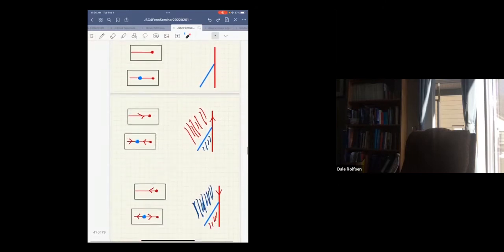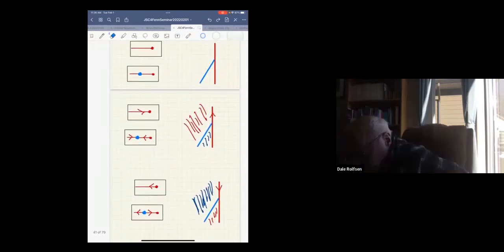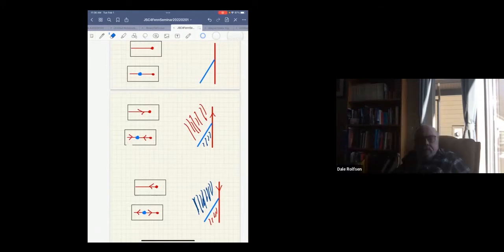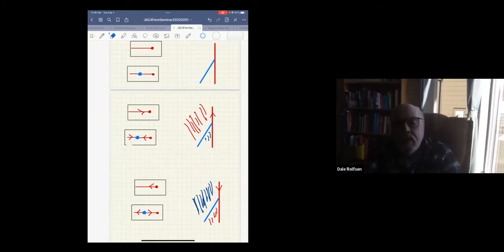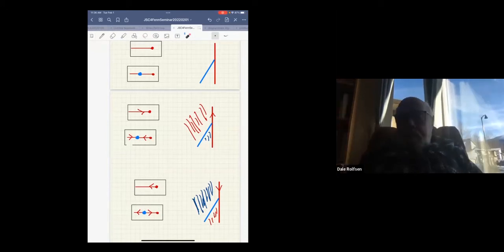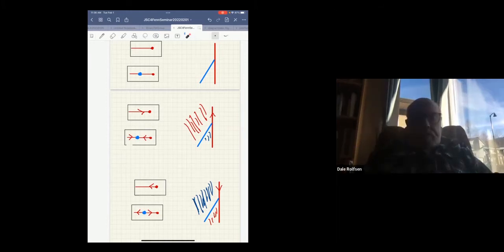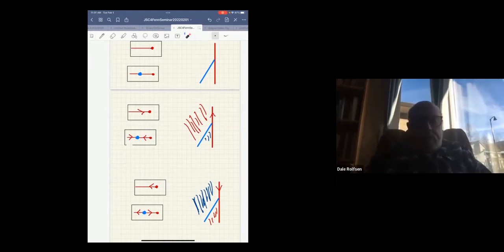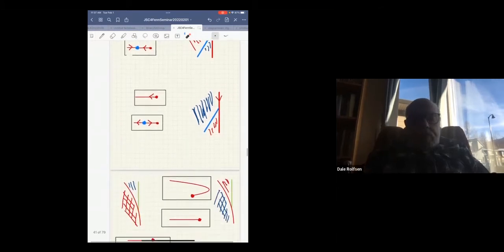Later on, it's going to be worthwhile to keep track of the orientations of sheets. And so the orientations of sheets are just kept track of by means of a color. And I don't want to labor on that idea just yet.